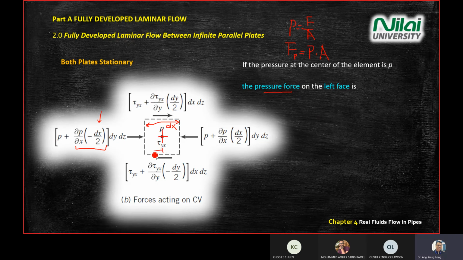If you move to the left, the distance between the center and the left wall, you take dx divided by 2. Because all direction to the right in x is positive, and y moving up is positive, if you're moving to the left, you have a negative sign there. Negative dx divided by 2 because it's half of the dx. Understand?